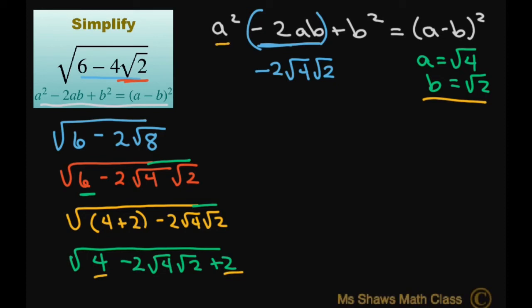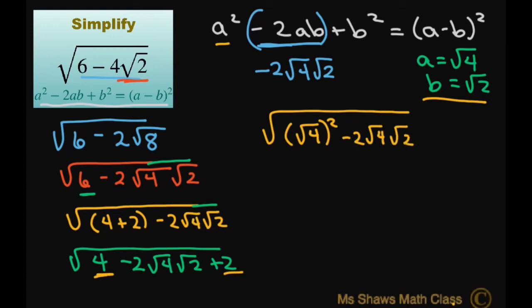So basically I can write this as square root of 4 squared, because that gives me back to 4, minus 2 square root of 4 times square root of 2 plus square root of 2 squared.